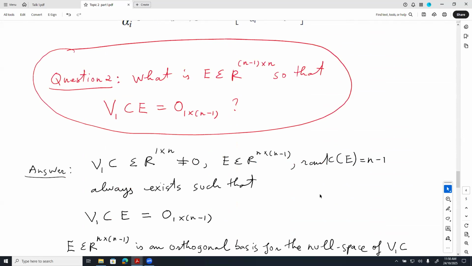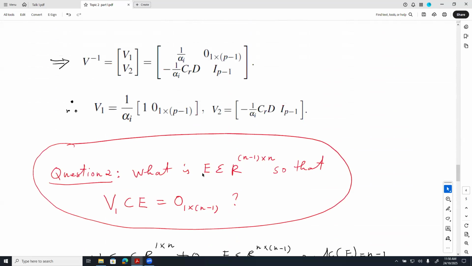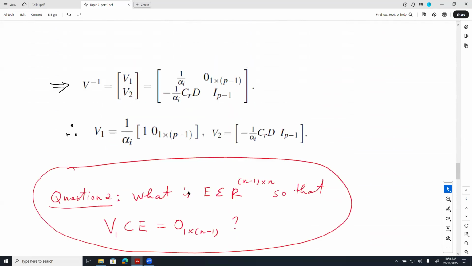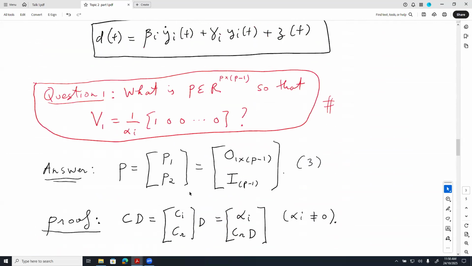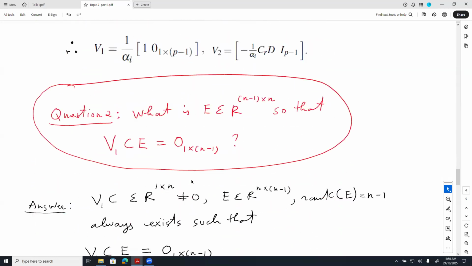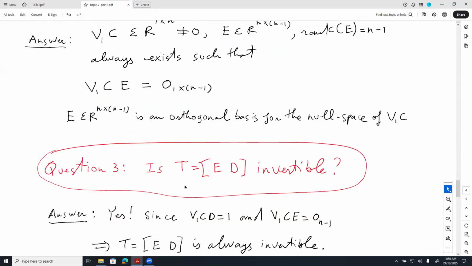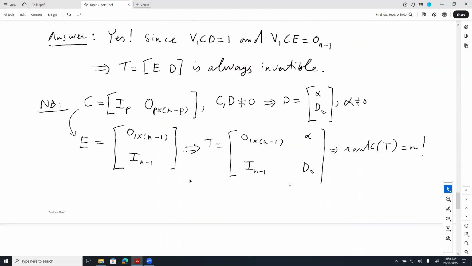We have extensively looked into the analytical aspect of the decomposition. We can guarantee that we will always have the metric V1 in this special form, that metric E exists, and that the metric T is invertible.